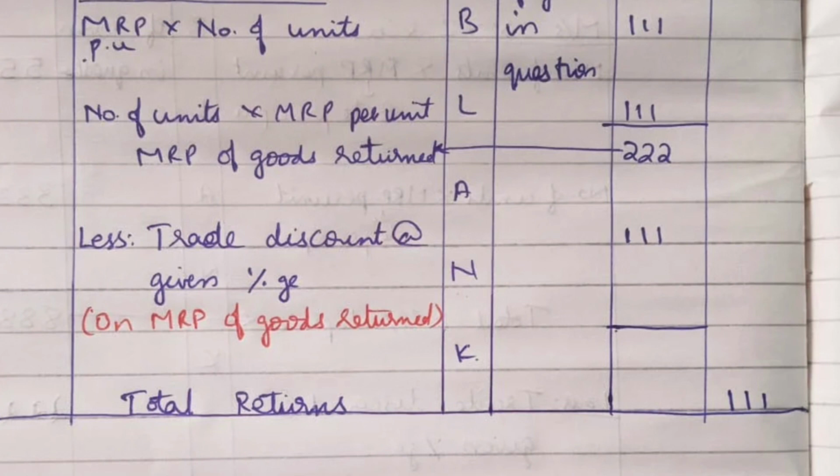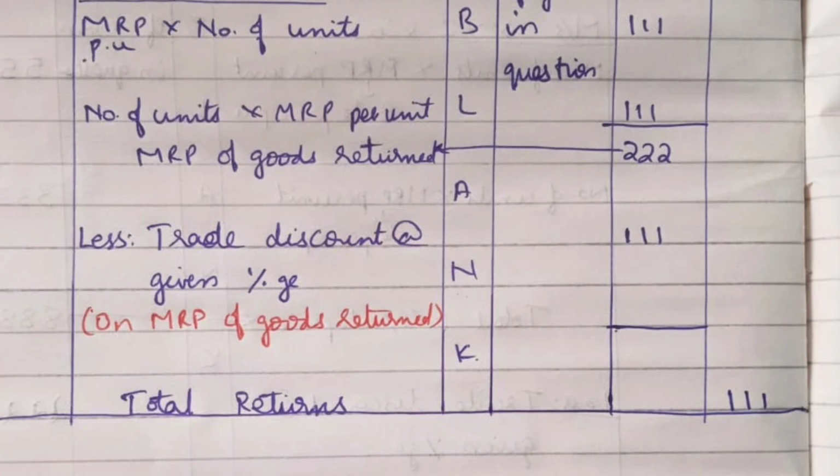Now on this MRP of goods returned, we'll calculate the trade discount if they have given. If they have given trade discount, we'll have to calculate it, otherwise not required. For example, if in purchase book they have said purchased goods for rupees 1000 less trade discount at the rate of 5%, then we would have done some calculation.